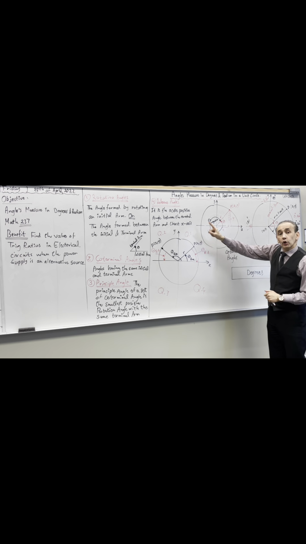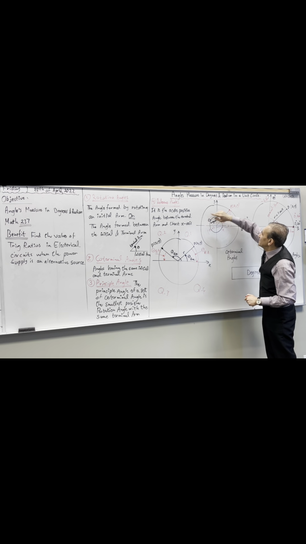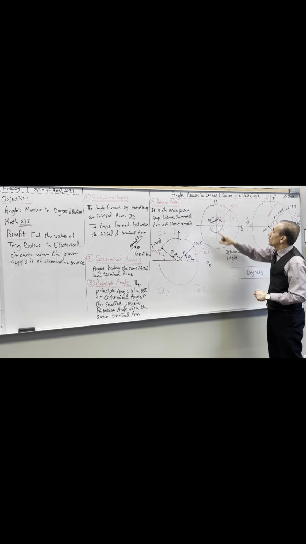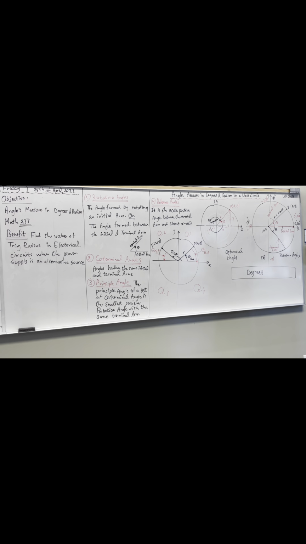If I rotate clockwise in the other direction, I'm starting from the same initial arm and ending up with the same terminal arm. So this theta with this theta, they are both coterminal angles.